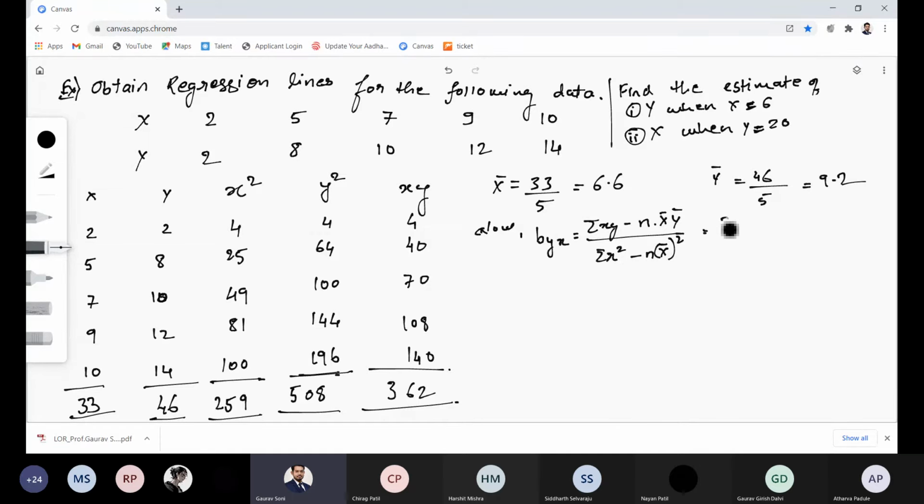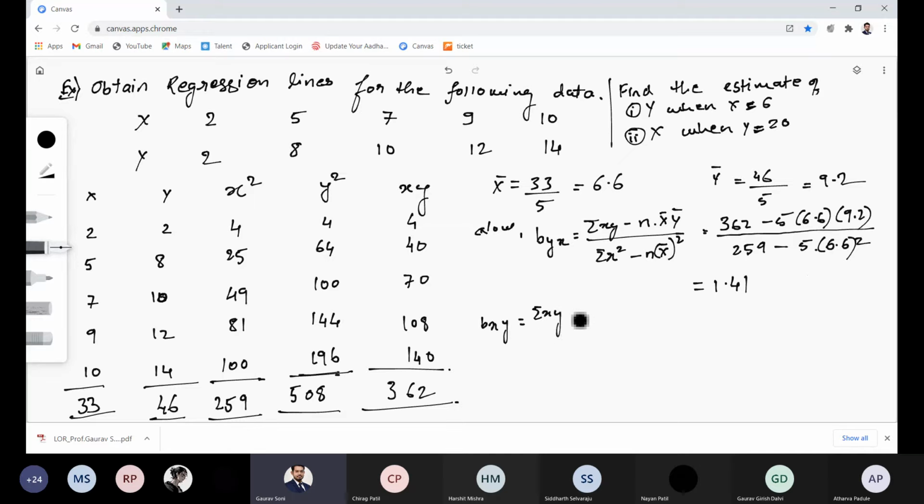So this is 362 minus 5 times 6.6 times 9.2 divided by 259 minus 5 times 6.6 square. That is 1.41. What about bxy?